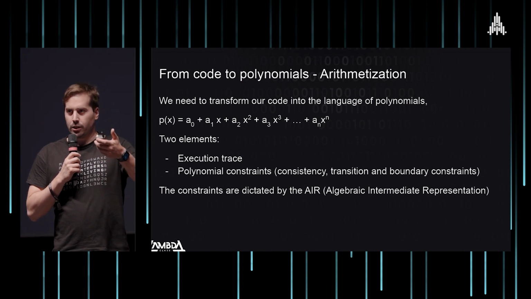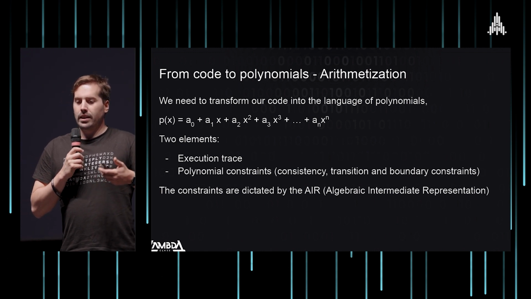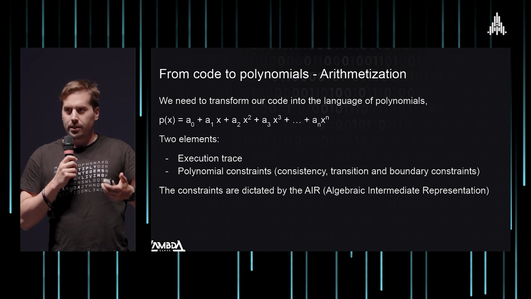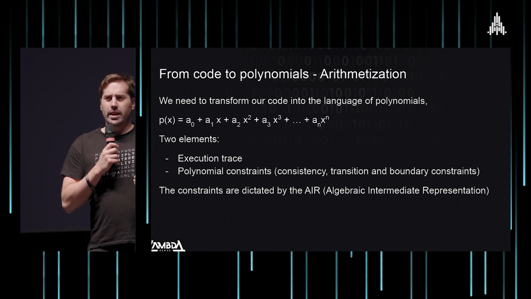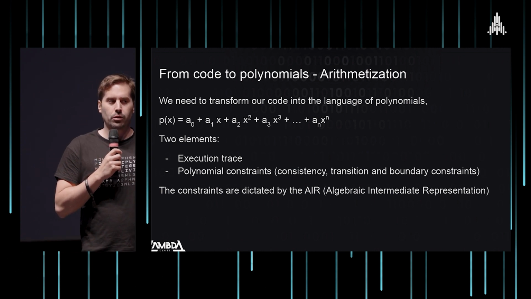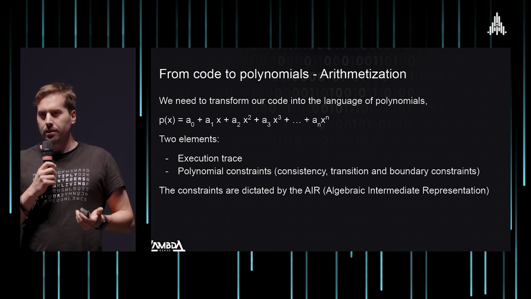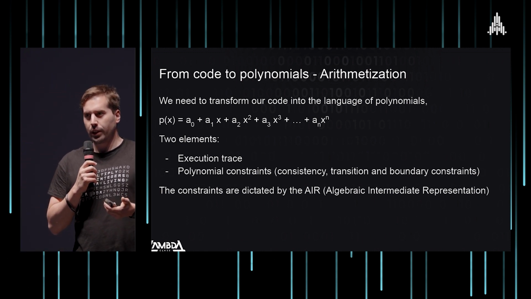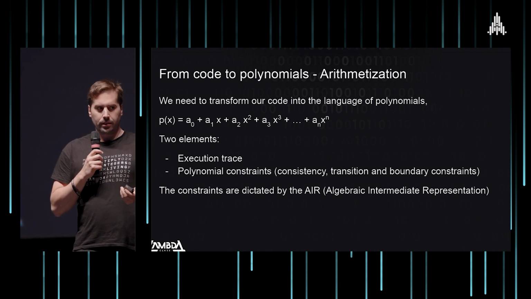One is the execution trace, which contains all the values of the registers as they evolve during the program. And then there are some constraints that have to be enforced over that trace for it to be valid. For example, if we have a variable that is Boolean, then we need a consistency constraint that ensures that our variable is either 0 or 1.